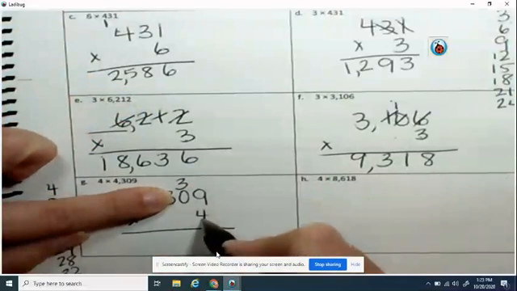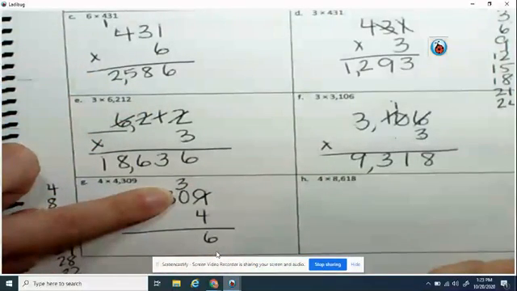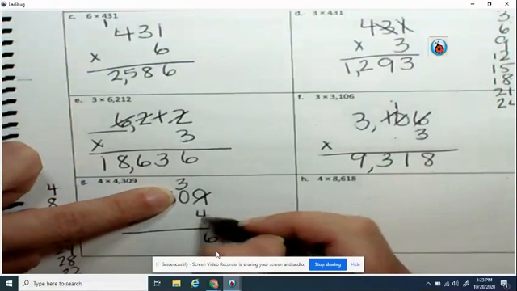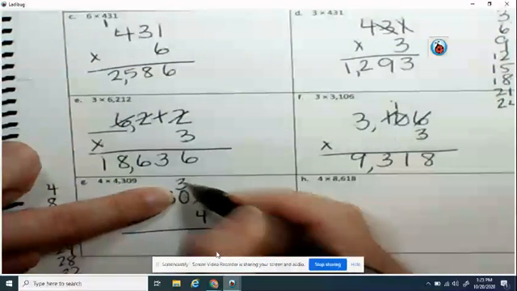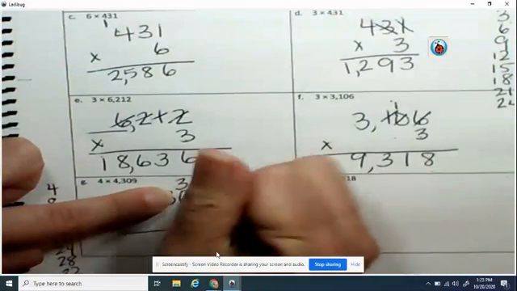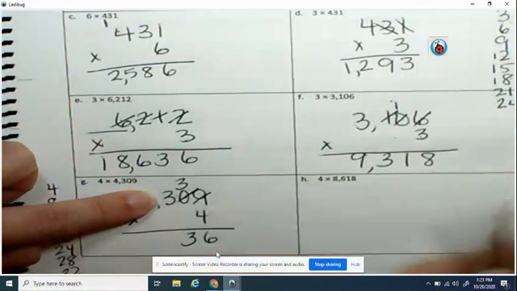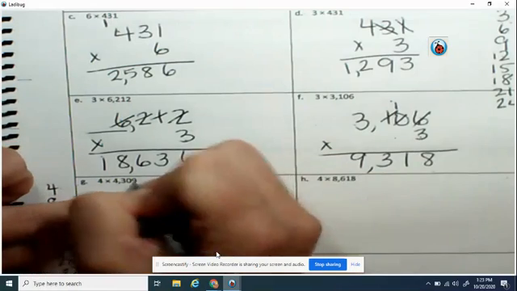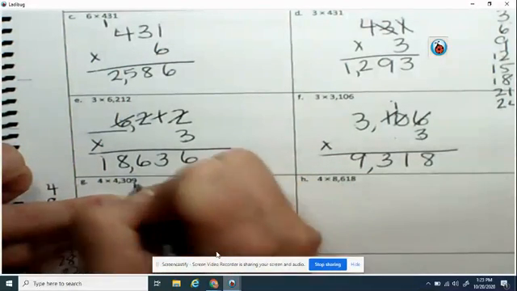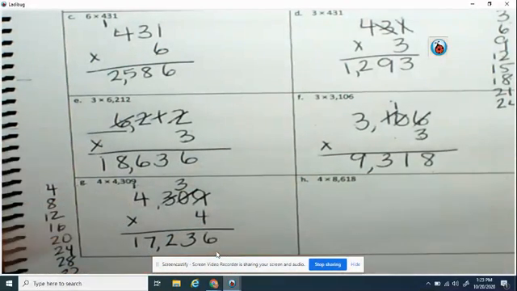Again, right here, cross that out. Be very careful when you have a 0 because you're doing 4 times 0 is 0 plus 3, not 4 times 3. Be careful right there, okay? 3 times 4 is 12. 4 times 4 is 16, plus 1 more is 17.